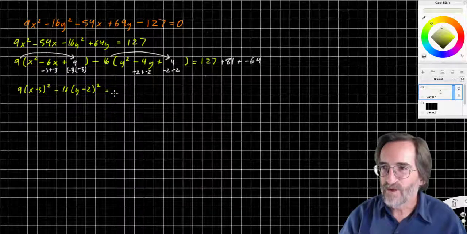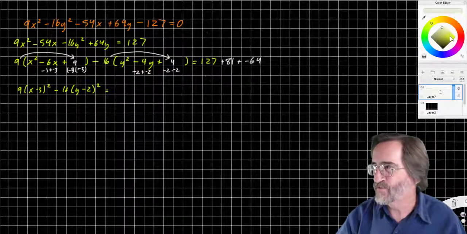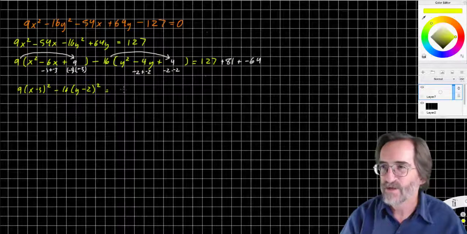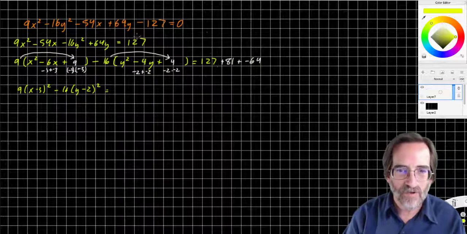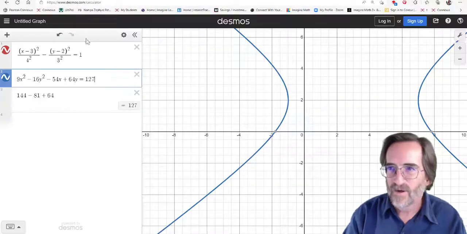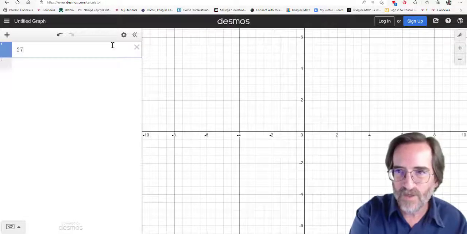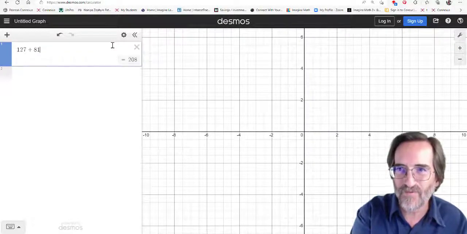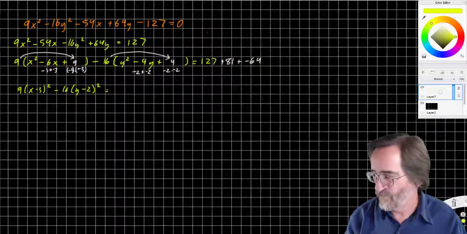So don't forget, when you add inside of parentheses, you're actually adding, by the distributive property, that times the number outside the parentheses. 127 plus 81 minus 64 is 144. There we go.